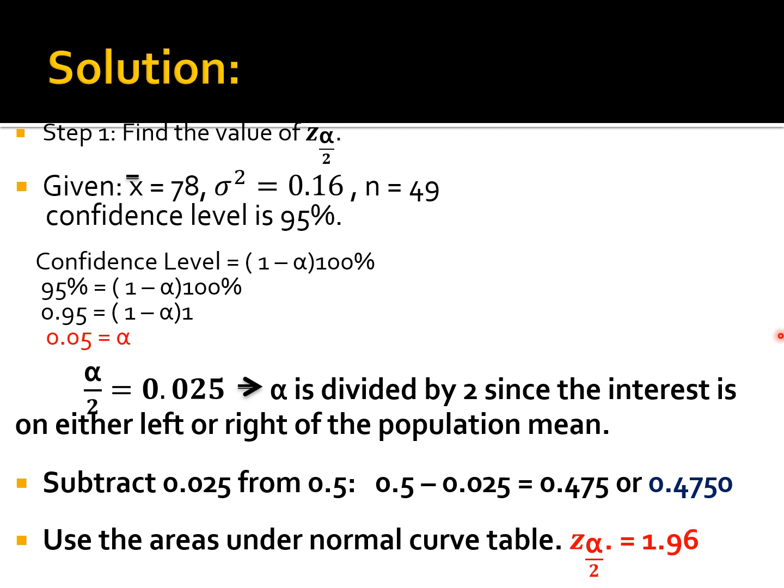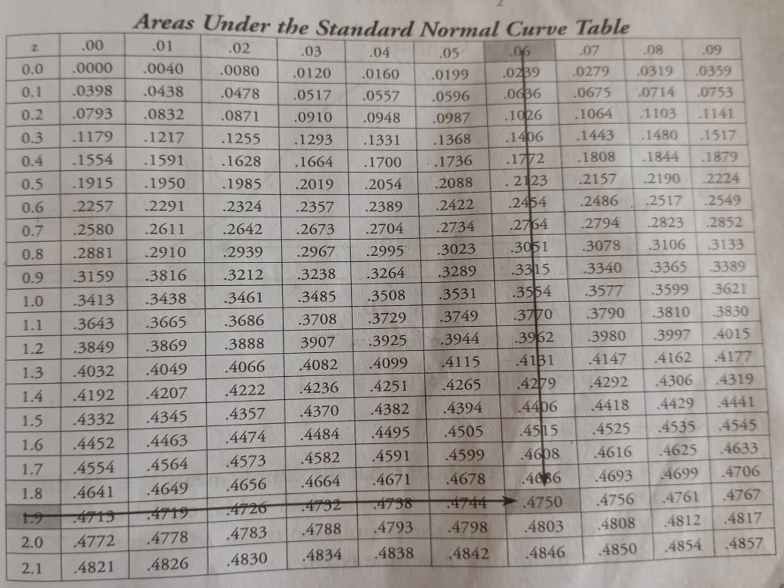So how did we get that? Take a look at this image from the areas under the standard normal curve table. You just look for 0.4750. Find it in the table. It is here.